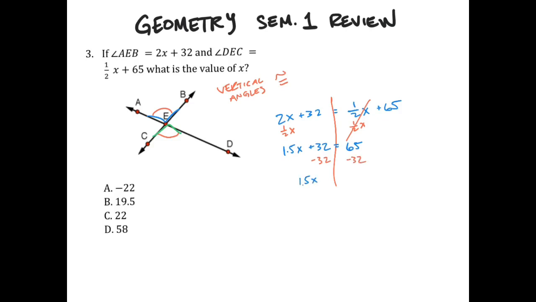All right, so I got 1.5x equals 65 minus 32 is 33. And then lastly, divide by 1.5. Make sure you bring your calculator to the exam. And x equals 22. In that problem, all you had to do was find x.